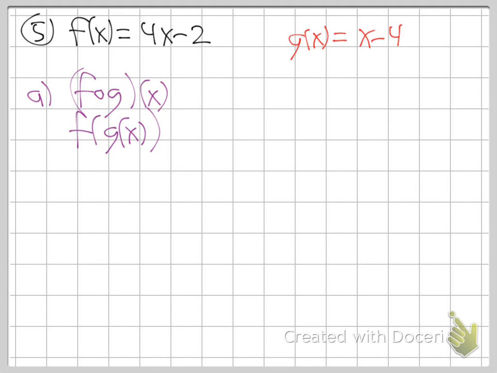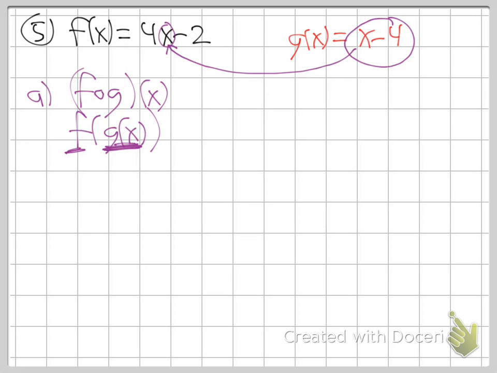See the difference between this one and the last one? Do we get x alone? No. So you just stick all of g of x into f. All of g of x plugs into f.